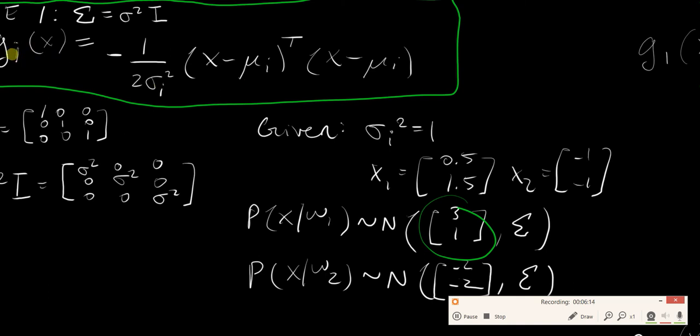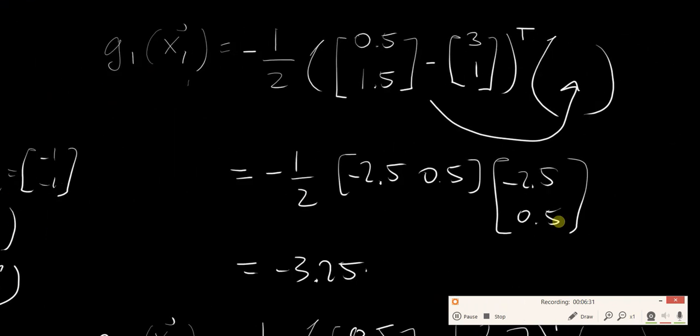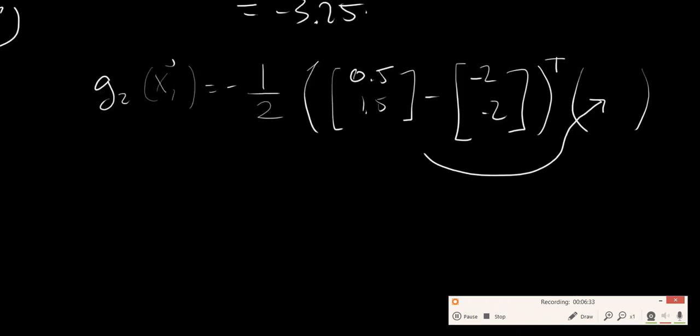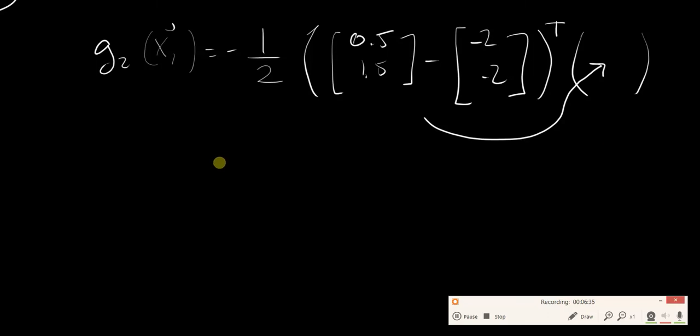So g sub i of x uses mu sub i. So when we use the different discriminant functions for the same sample, the sample stays the same, but the mean that we use is different. And again, the mean is taken from the same place as before. So if you work out this math, it ends up being negative 9.25.